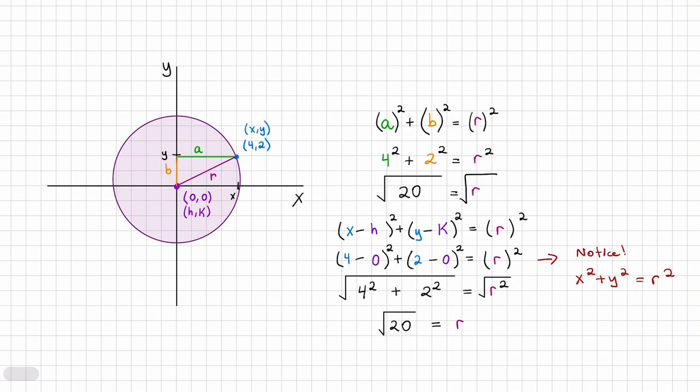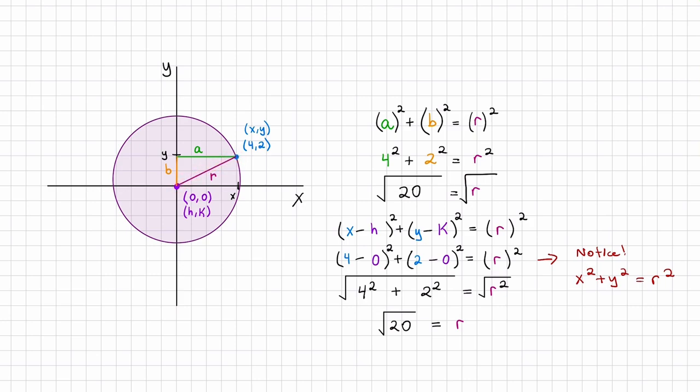So, I first did it like normal with my Pythagorean theorem to check what the radius was, and I got the square root of 20. Did anyone else get that? Okay, perfect. And then I tried doing my center method.